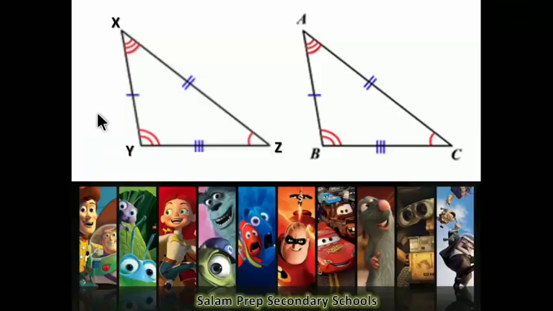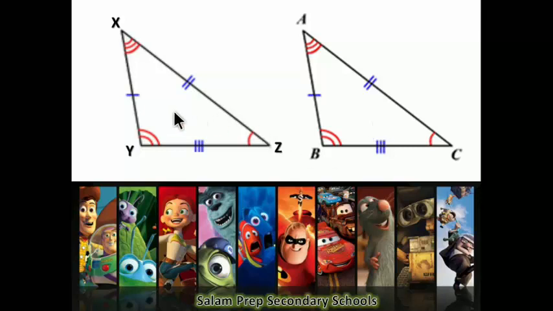Look, we have two triangles. The first triangle X, Y, Z. The second triangle A, B, C. The side length of the first triangle XY equals the side length of the second triangle AB. In the first triangle, YZ equals BC in the second triangle.